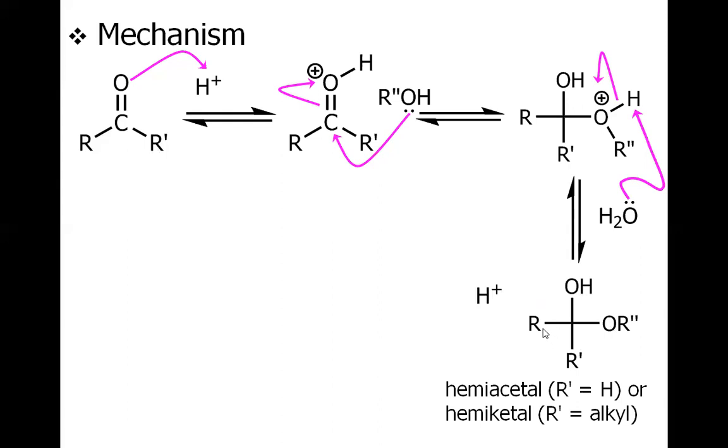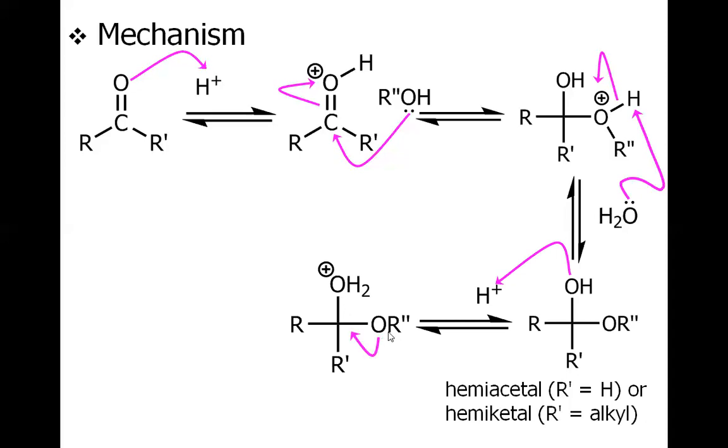Now, since we have the acidic medium, we have the proton present. So this hydroxy will be protonated, and we have this oxonium, and now the lone pair of oxygen of this alkoxy will expel this OH2 group out to have this reactive intermediate.